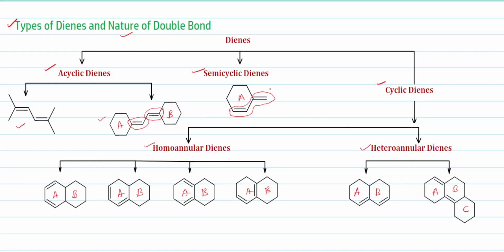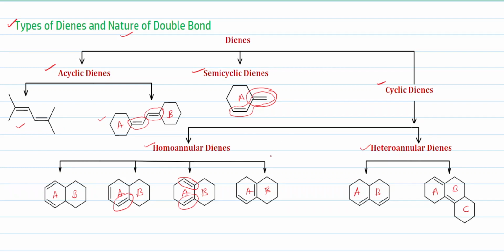Now this bond is also called an exocyclic double bond. Then in this case the ring B is there, but here it is the exocyclic double bond. Here for B it is the exocyclic double bond. Here it is also exocyclic. I am saying only the exocyclic nature, not the diene system.